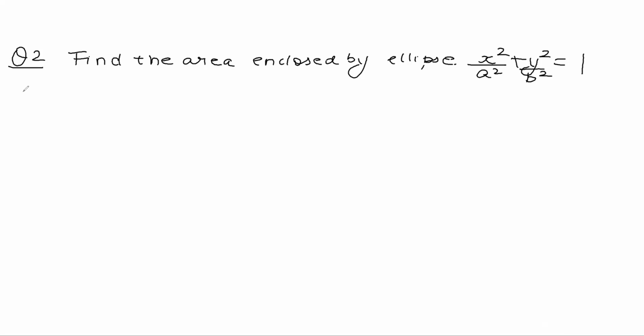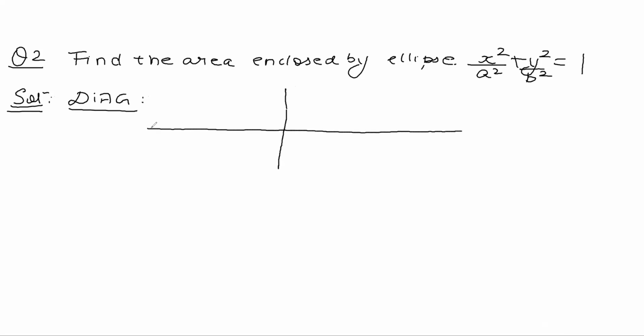Okay, now all students have done the concept of ellipse in conic sections chapter in class 11th mathematics. So if you plot the ellipse, how will the ellipse look like? So in this, our major axis is the x-axis.